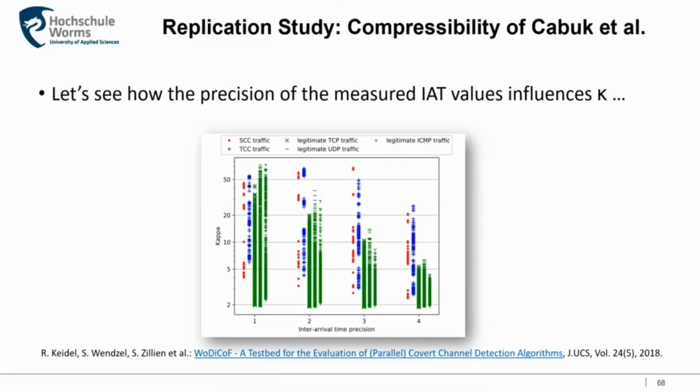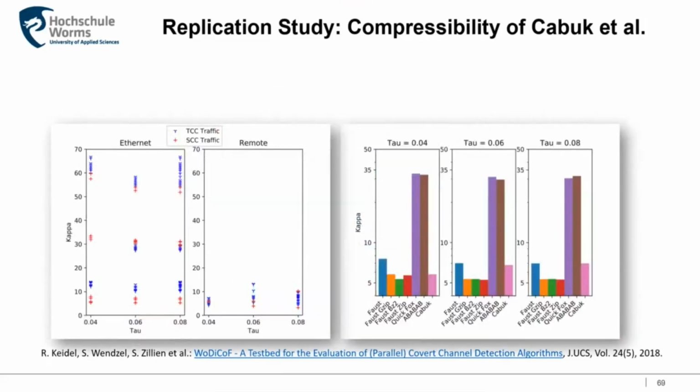As you can see, depending, for instance, on the rounding precision, this changes a lot in terms of how much the data overlaps. We also played around with different media, Ethernet and remote networks, and as you can see, the compressibility values differ a lot. Even in the original CCS paper, they say the typical values are this and that, but it's not really true, because the values they had were in this range.